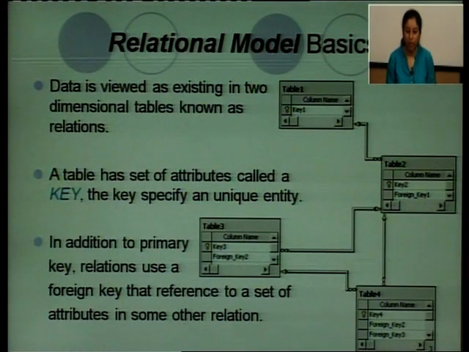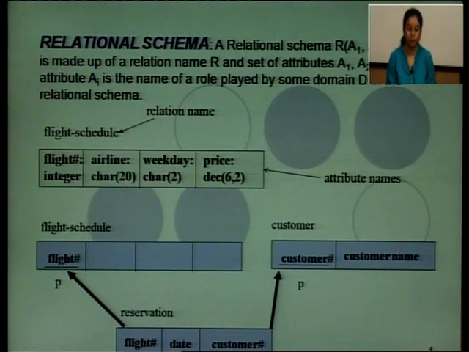Third, in addition to the primary key, a relation uses a foreign key that refers to a set of attributes in some other relation. So these are four basic tables that show how one table relates to another table, or how one attribute relates to another attribute. This is the relational database model concept.